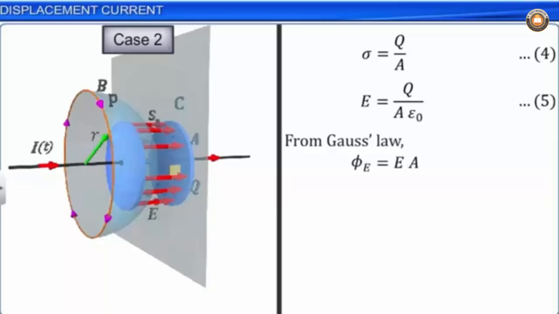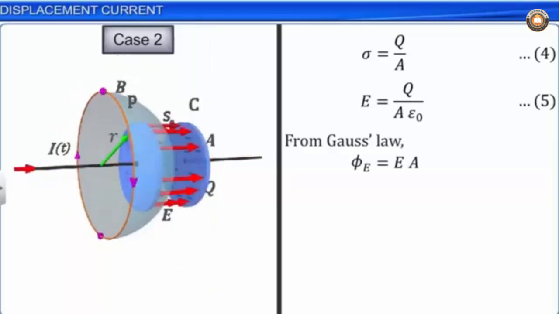Here, A is the area of the surface through which the electric field passes, that is, equal to the area of the plates of the capacitor. On substituting equation 5 in Gauss's law, we get the electric flux phi E is equal to Q by A epsilon naught into A. That is, the electric flux through the surface S2 is equal to Q by epsilon naught. Let this be equation 6.